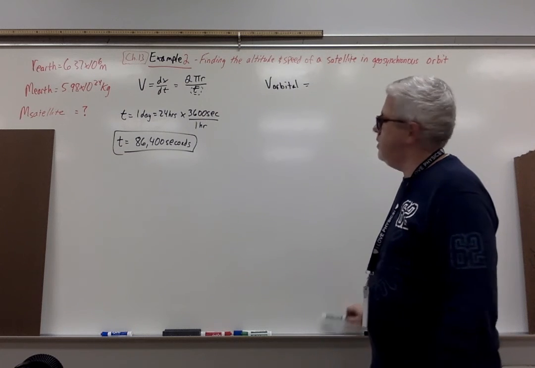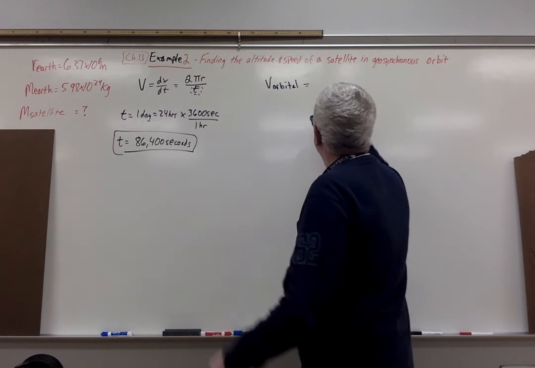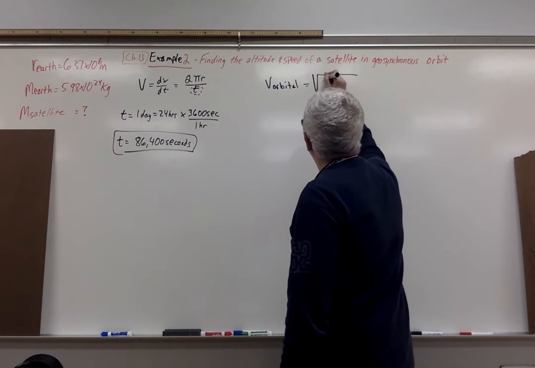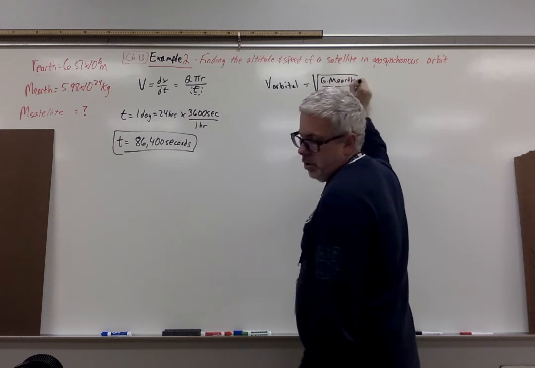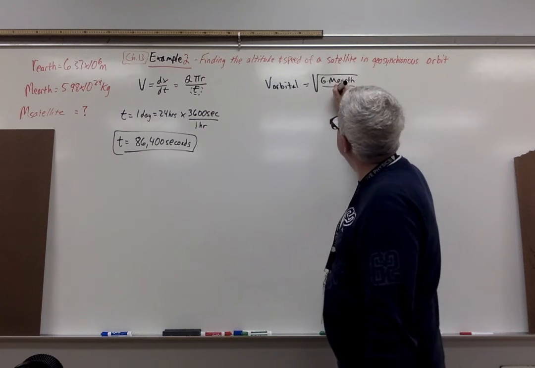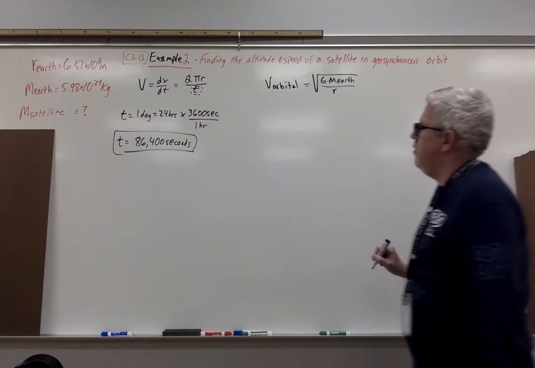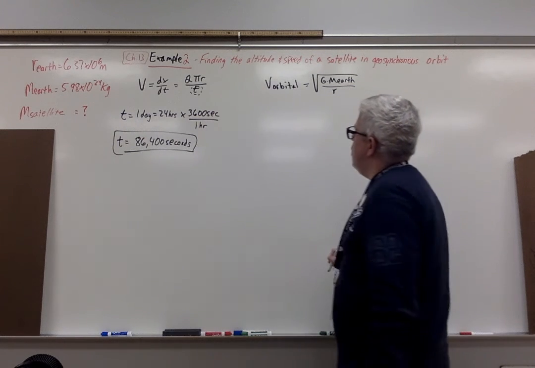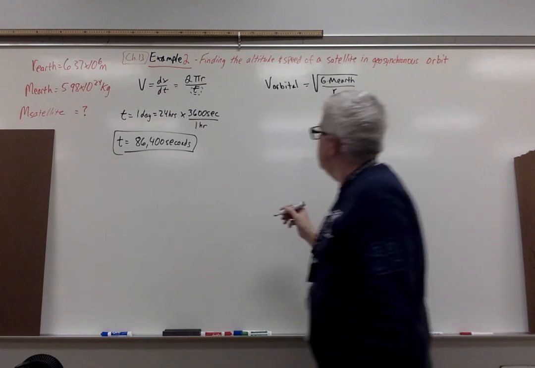We figured out it was the square root of G, m Earth, and all that over r, just the radius of the Earth. Okay, and over here we're going to say that's 2 pi r over t.